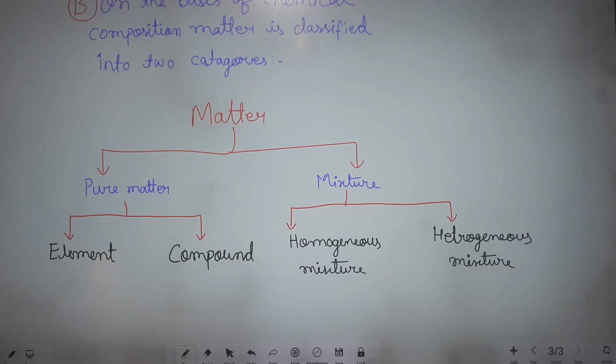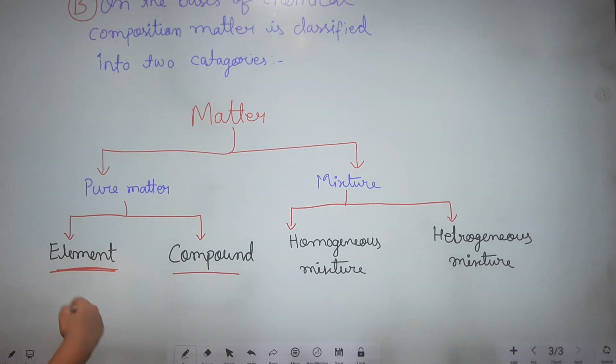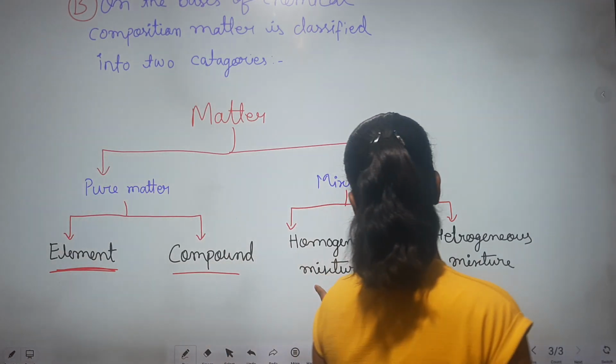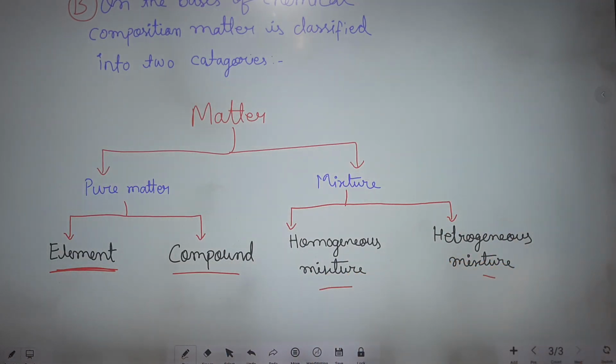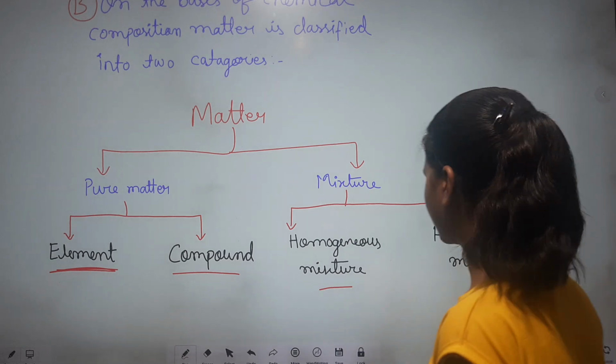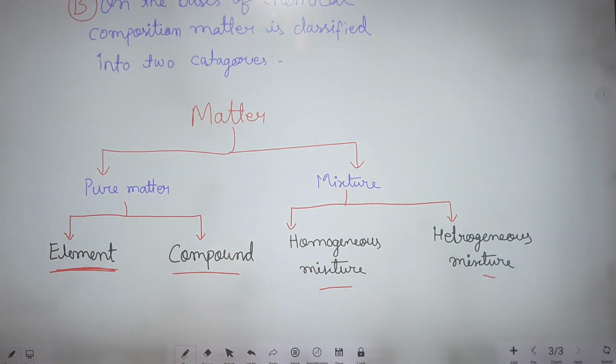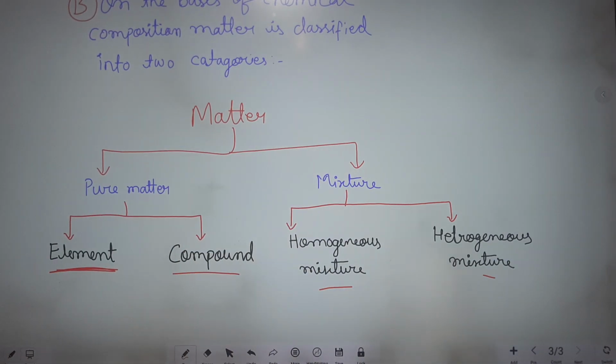Pure matter is also divided into two parts, element and compound. And mixture is also divided into two categories, homogeneous mixture and heterogeneous mixture. So first of all, let's see what is pure matter.